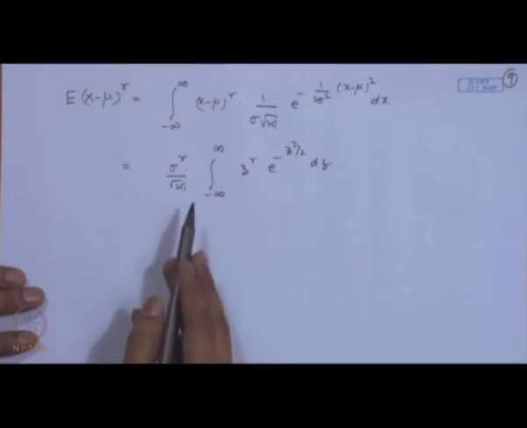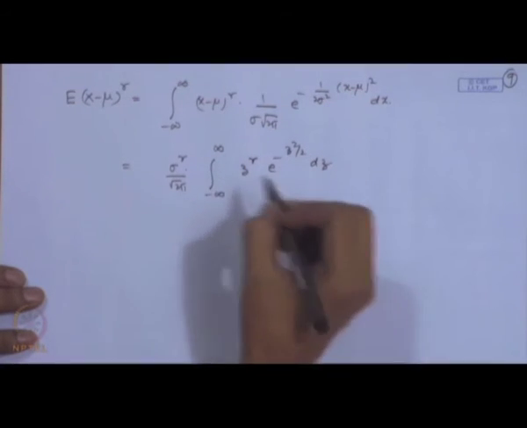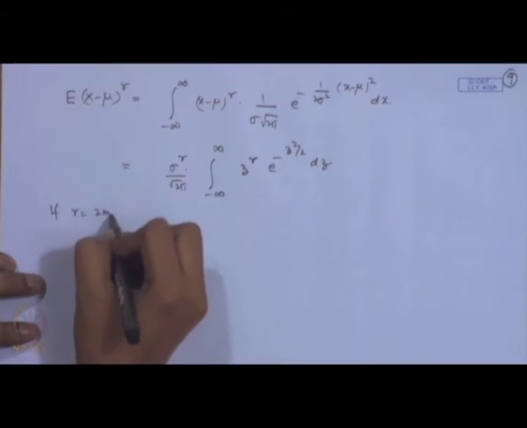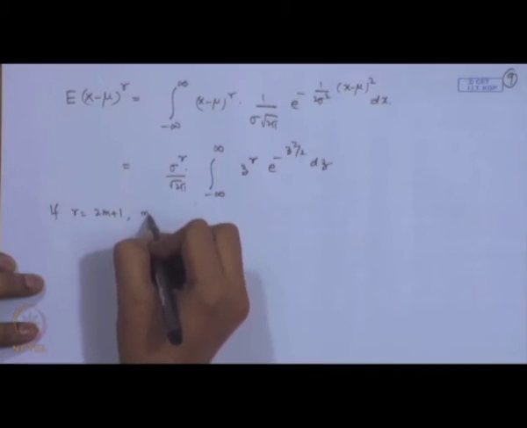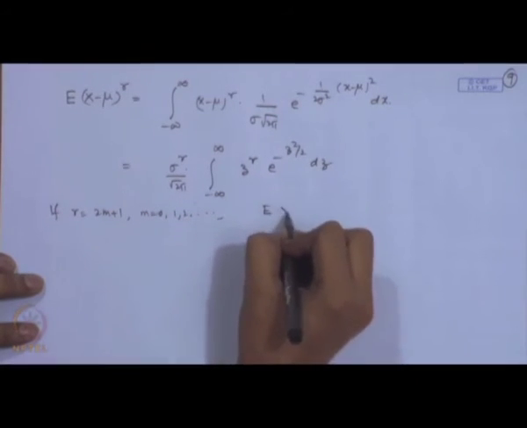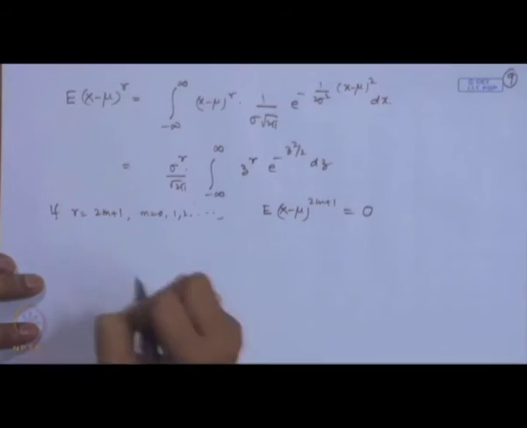Immediately you can notice here that whenever r is an odd integer, this value is going to be 0. So, if r is of the form 2m plus 1 for m is equal to 0, 1, 2 and so on, then I will get expectation of (x minus mu) to the power 2m plus 1 is equal to 0.